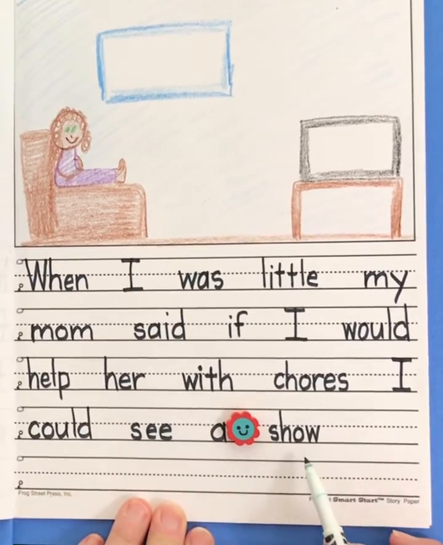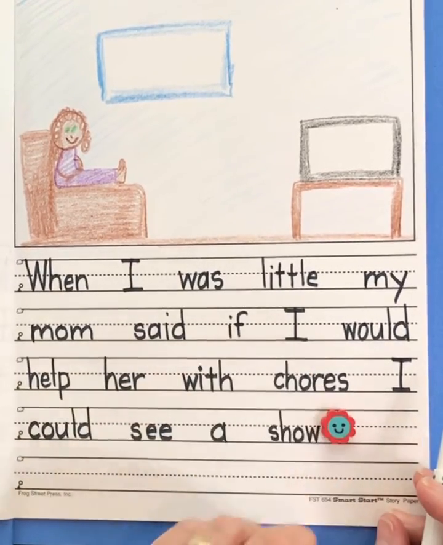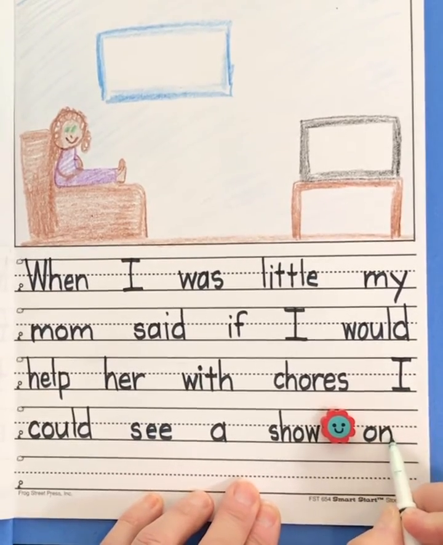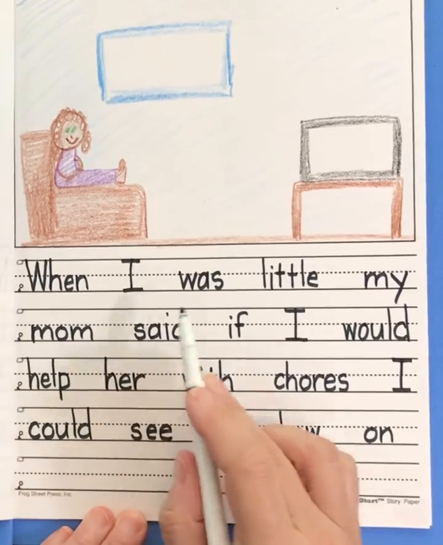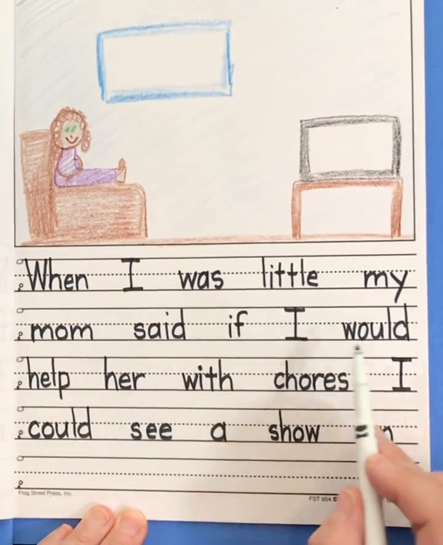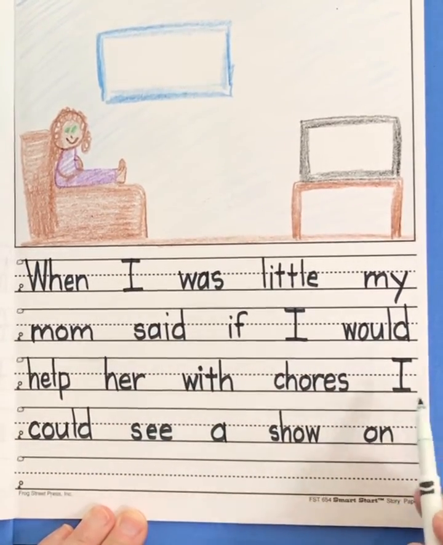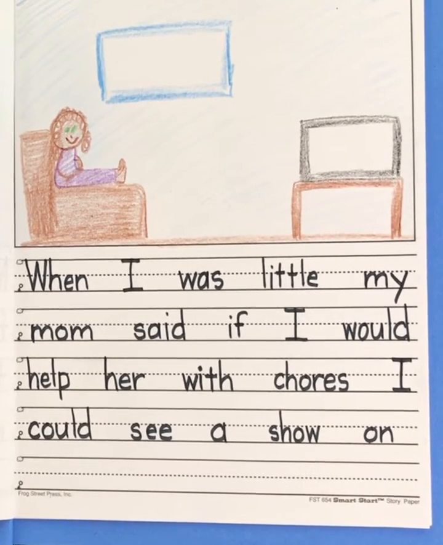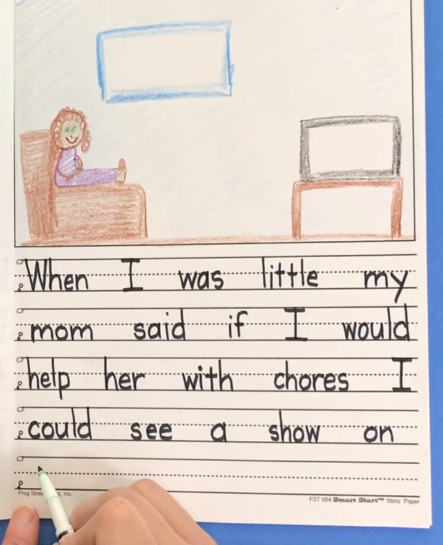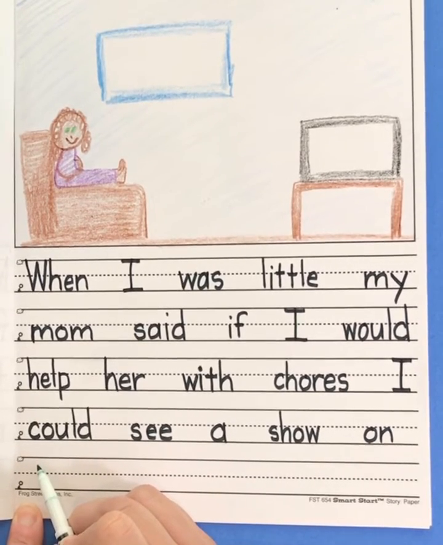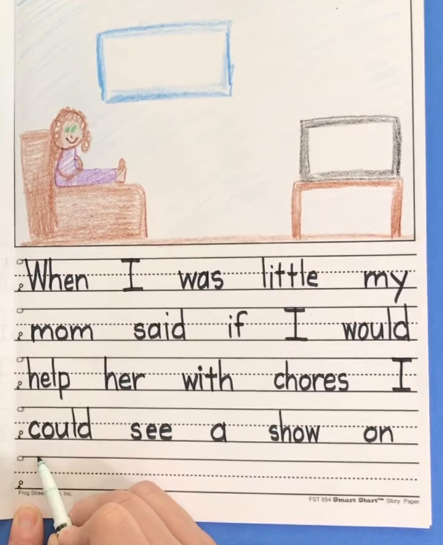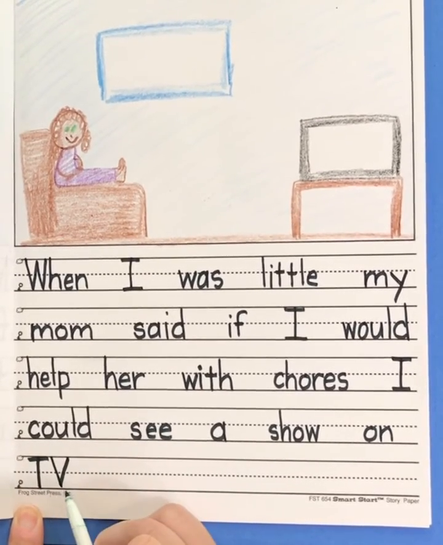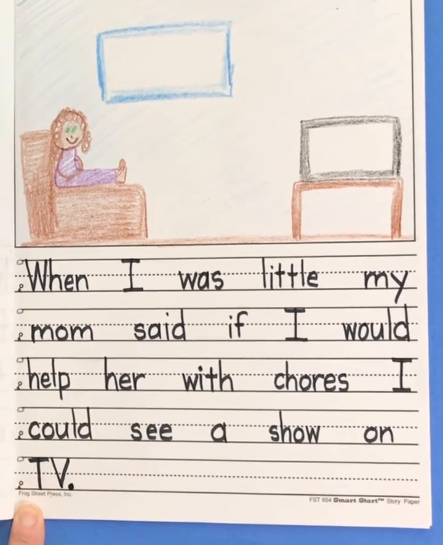I could see a show on. Very good. On. When I was little, my mom said if I would help her with chores, I could see a show on TV. And TV is actually an abbreviation for television. So this is going to be capitalized T and capitalized V. And then I'll put my period.